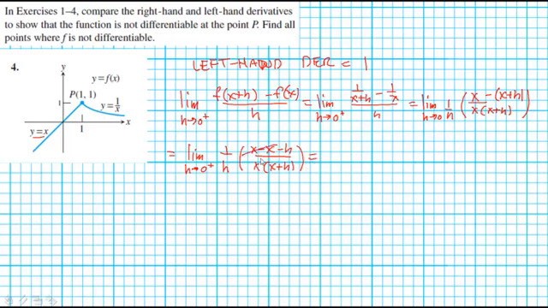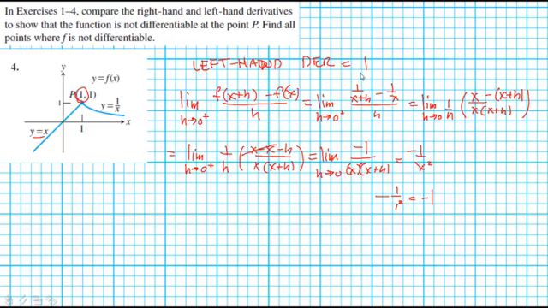The negative h on top cancels with the h in the bottom, leaving me a negative 1 on top. And now we have something which I can use the substitution process on, and I end up with negative 1 over x squared. What is the value then of the right-hand derivative at 1? It'll be negative 1 over 1 squared, or negative 1.